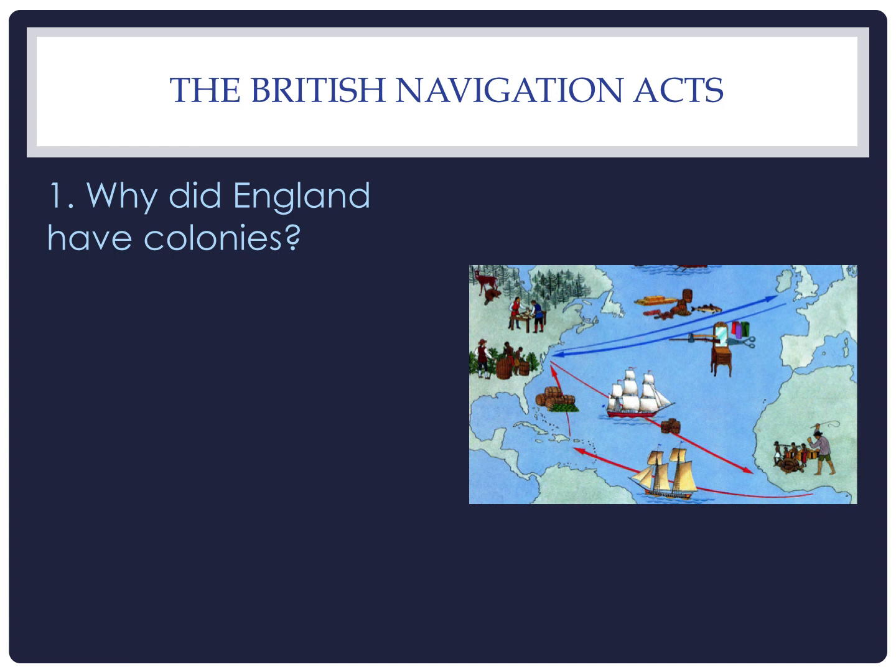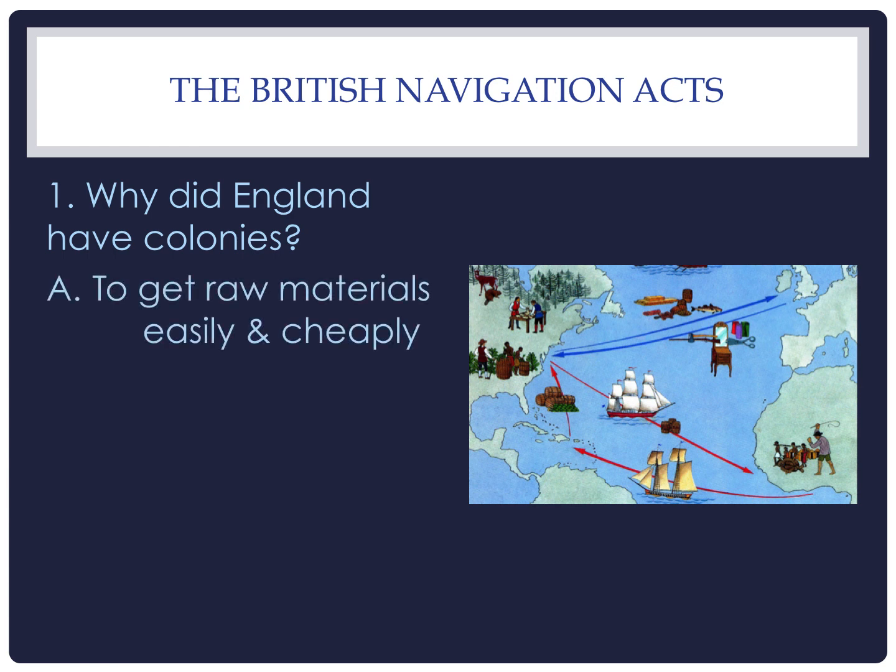An important thing to understand first is, why would you have colonies in the first place? Why did England even have colonies? Well, there's a couple key reasons. One is to get raw materials easily and cheaply. England's a small island nation.